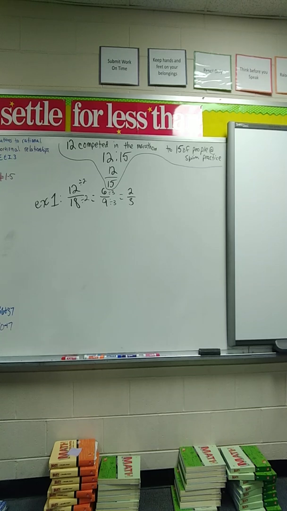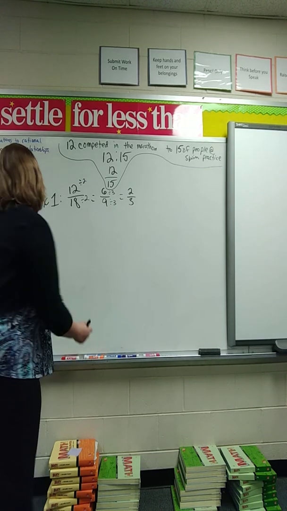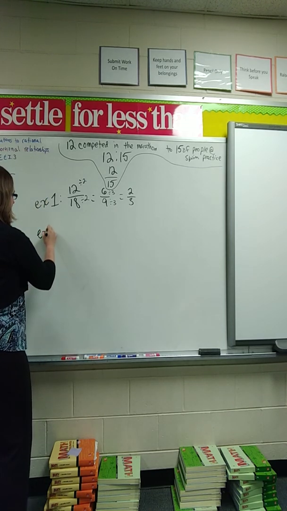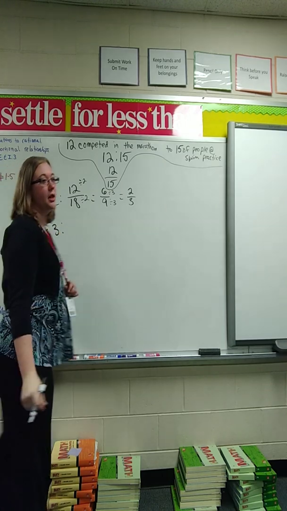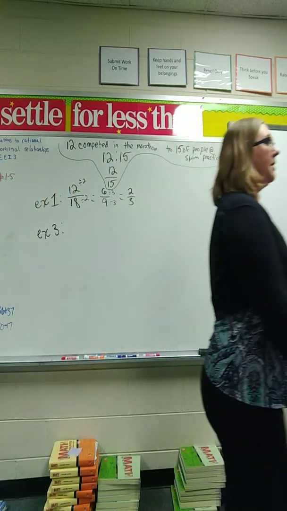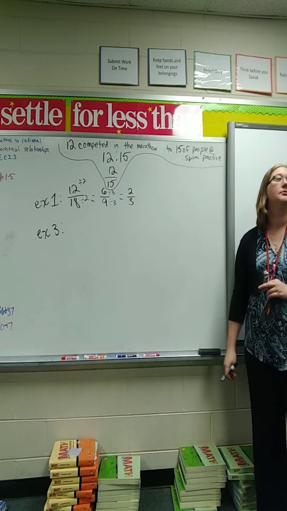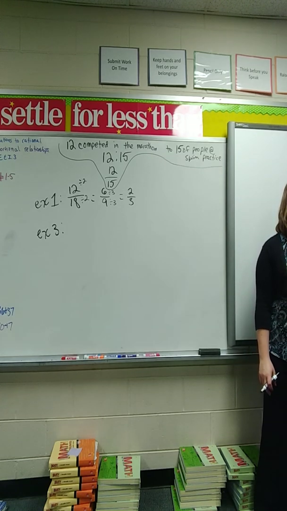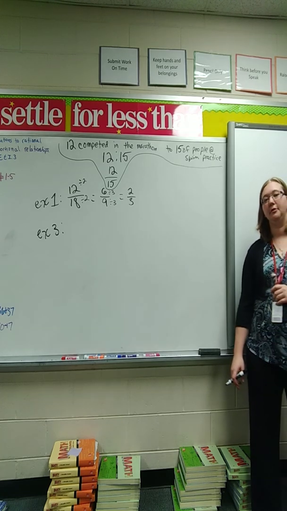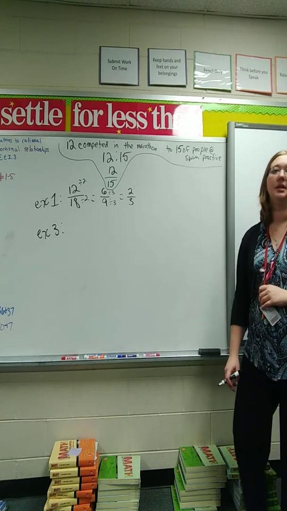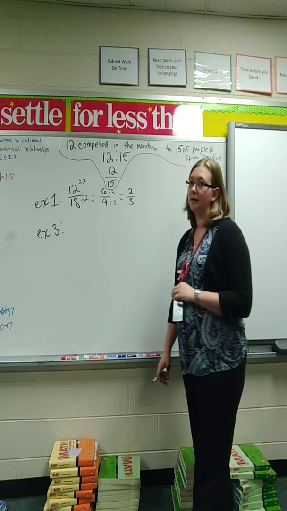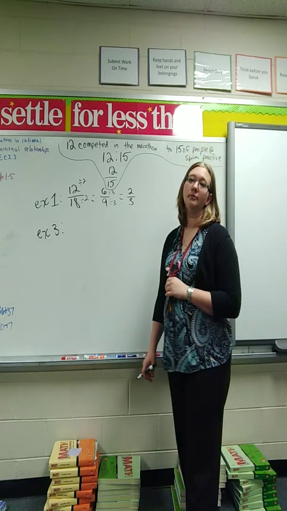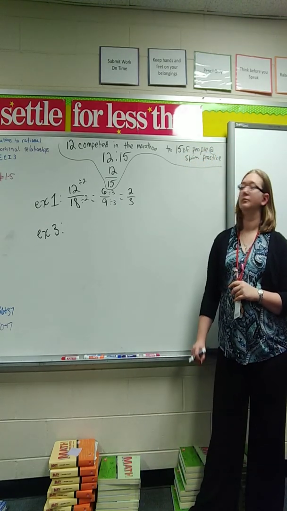The next thing I want us to look at is example 3 on page 185. Someone read for me example 3, please. Express the ratio 8 ounces to 3 pounds as a fraction in simplest form.